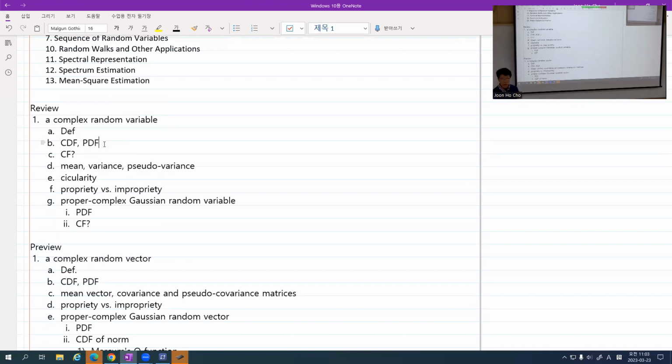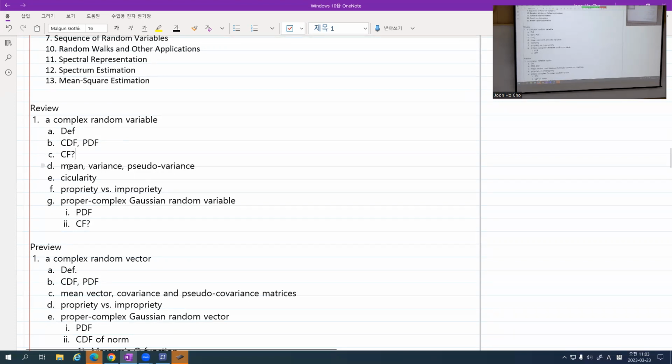It's very natural. Think about just a 2x1 real random vector. Last time I didn't cover how to define a characteristic function of a complex random variable. What do you guess? Just simple. You take the real part and imaginary part, and then define the joint characteristic function of these 2 parts. Got it?